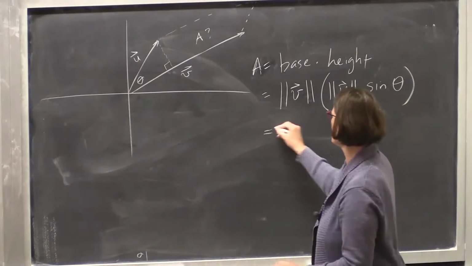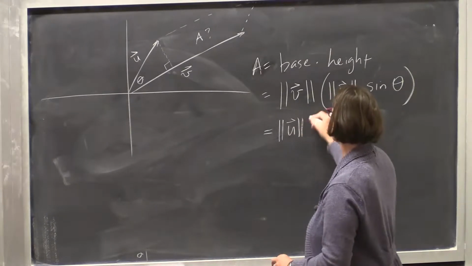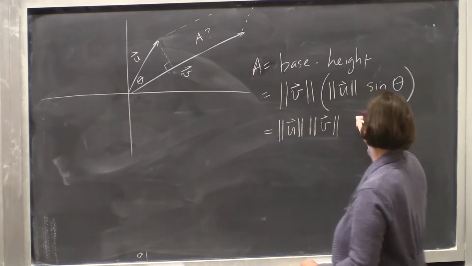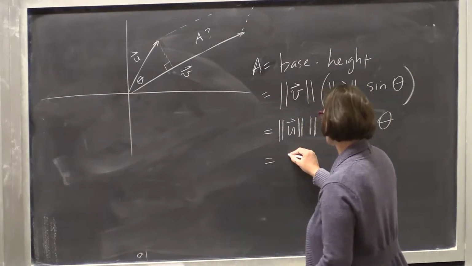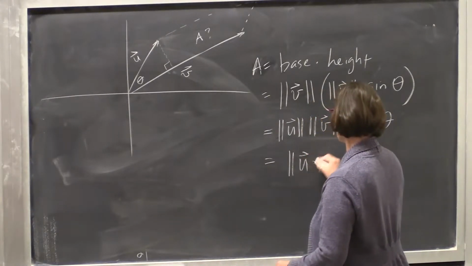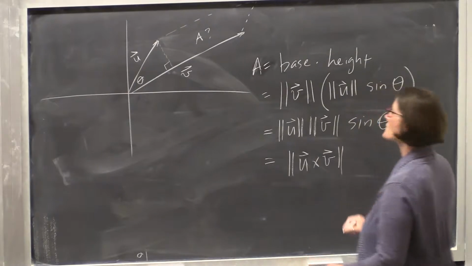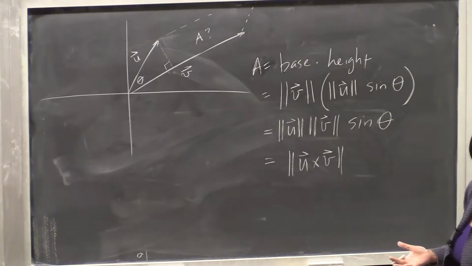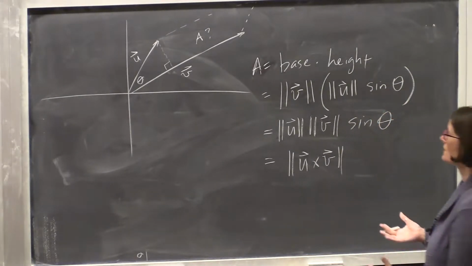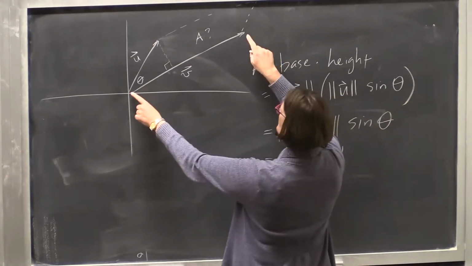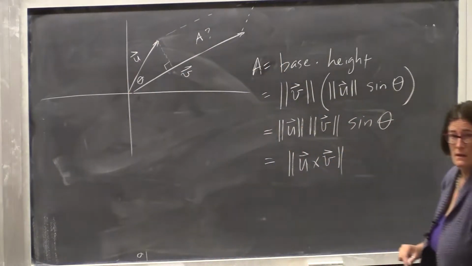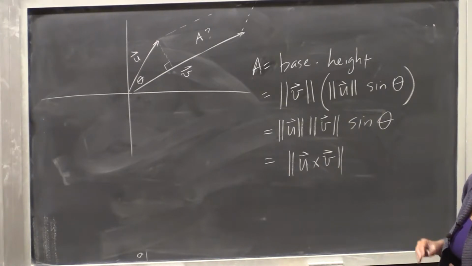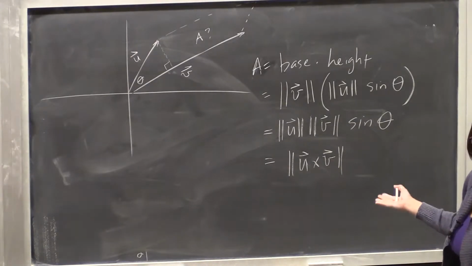And look, that is the length of u times the length of v times sine theta, and that is the length of u cross v. So if somebody gives you a parallelogram, all you need to do is know the vector for one side, the vector for the other side, and you compute the cross product.